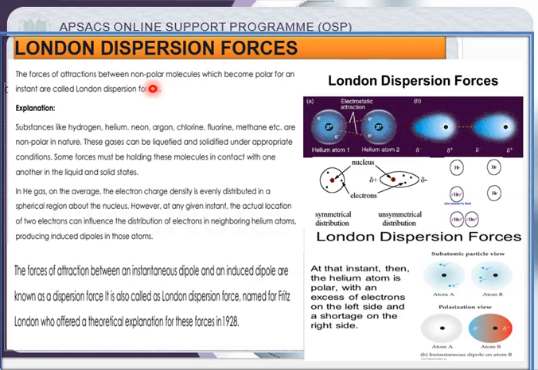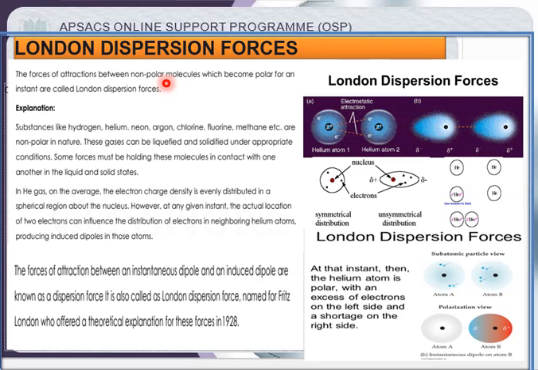Here is the subatomic particle view of atom A and atom B. Here is the nucleus and here are the electrons. In the polarization view, the electrons shift toward the next atom. Substances like hydrogen, helium, neon, argon, chlorine, fluorine, methane, etc. are non-polar in nature.